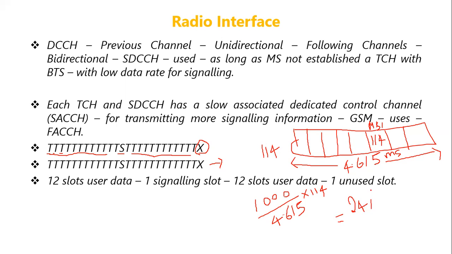So 24,702 bits were transmitted per second. If you convert this to kilobits, it will be 24.7 kilobits per second. So that is how we got 24.7 kilobits per second.